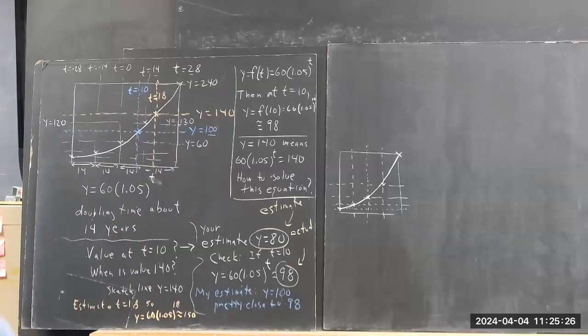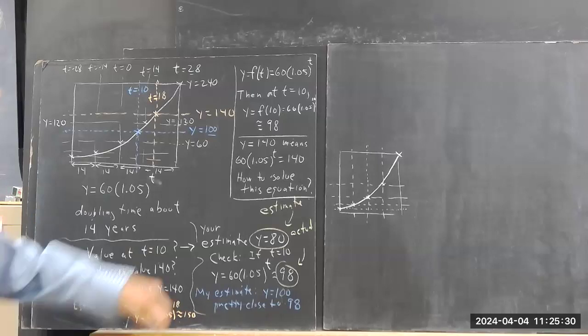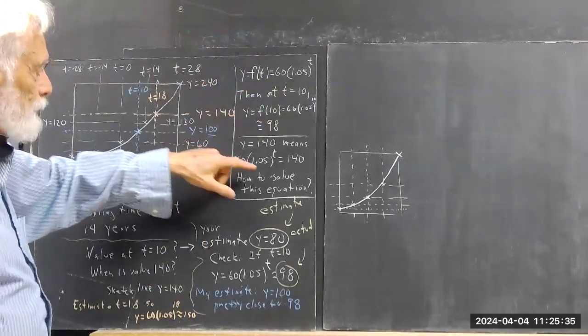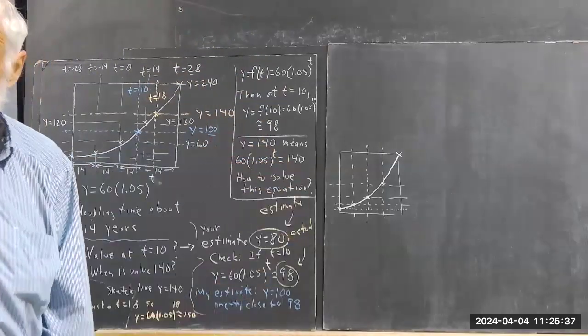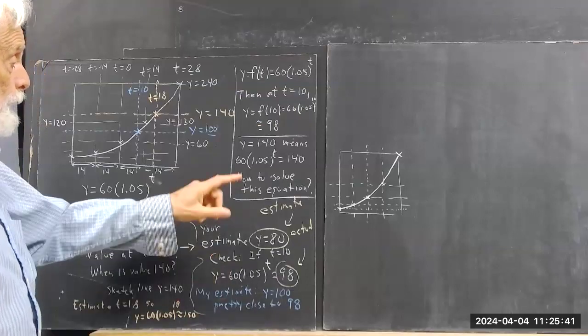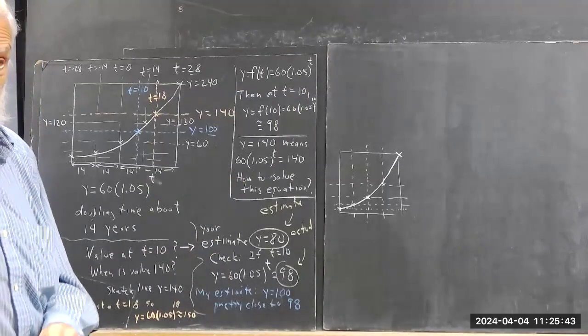Okay. Now we want to talk about how to actually solve the equation. If y is 140, that means 60 times 1.05 to the t is 140, because y is 60 times 1.05 to the t. How do we solve this equation?